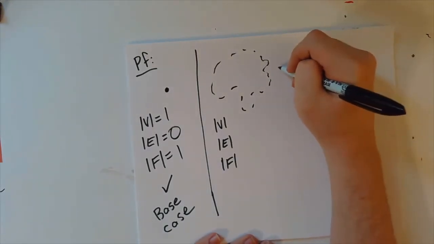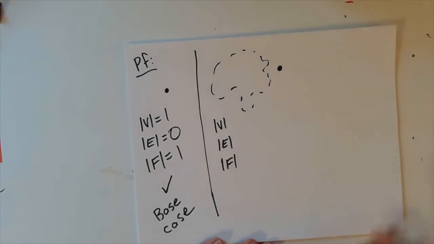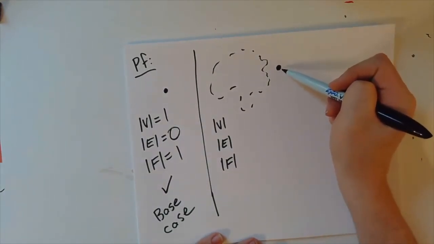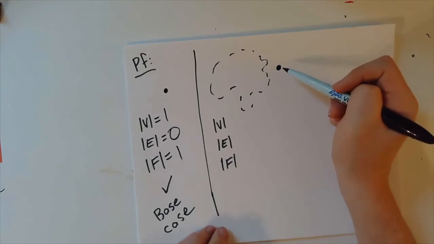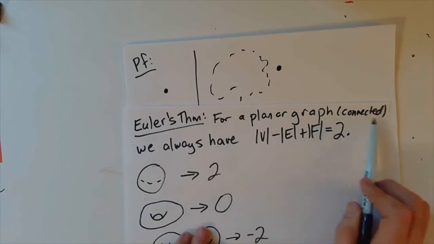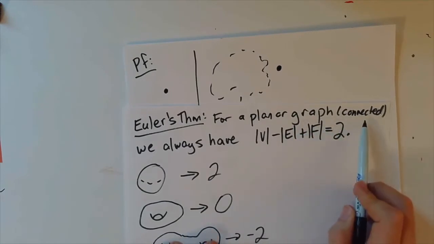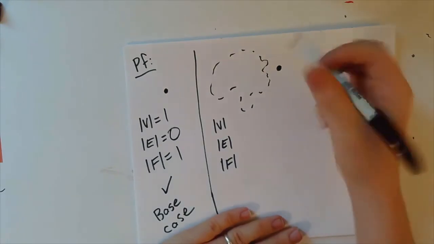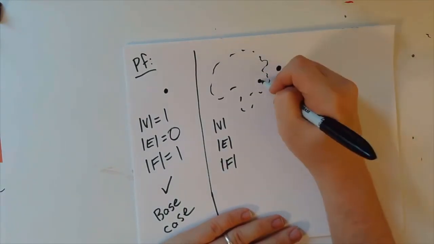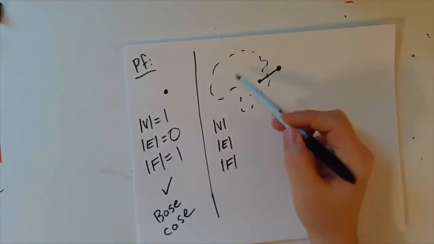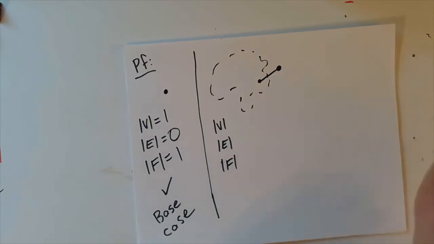Well, let's see. If I'm going to add another vertex, remember I insisted that when I add another vertex, it has to be a connected graph, right? That is one of the hypotheses in the theorem, that the graph is connected. So I can't just add another vertex. So I have to connect that vertex to one of the vertices that's already in this imaginary graph here.